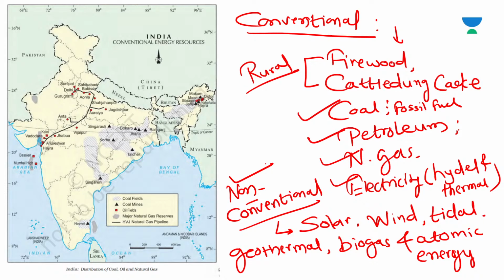And these sources like solar energy, wind, tide, biomass, and energy from waste material are called non-conventional energy sources. Now, India is blessed with an abundance of sunlight, water, wind, biomass.